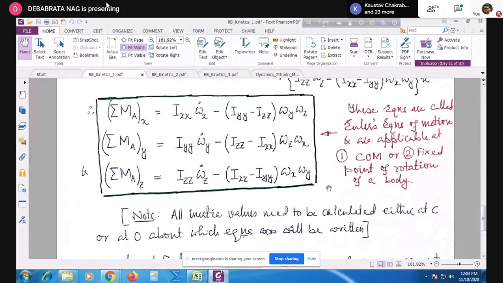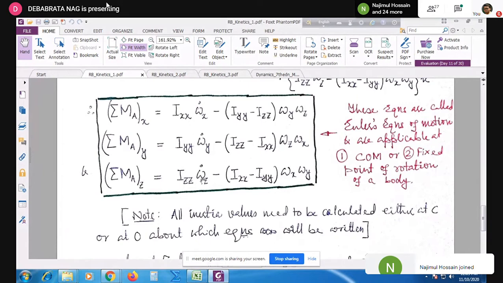Now, with this set of assumptions, I write Euler's equations of motion in this manner. In this equation, please see that the left-hand side represents the sum of the external moments of all the forces acting on the body as disclosed by its free body diagram.